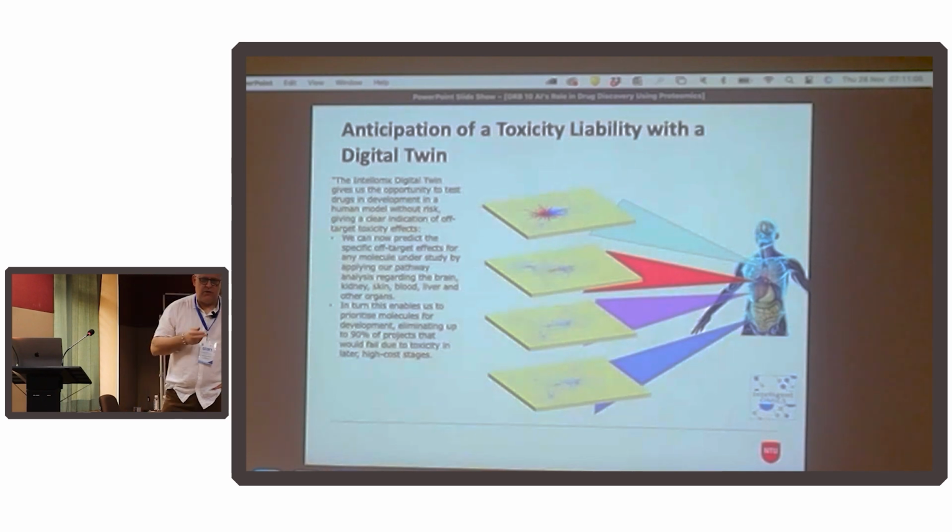Because I want to be able to drug something that's just in cancer, in this case just in breast cancer. But I don't want it to have an effect on colorectal tissue, or on blood, or on the brain. So by building these digital twin models across different tissues, I can then rank my molecules to see which ones are important in the disease, but not in all these healthy states.